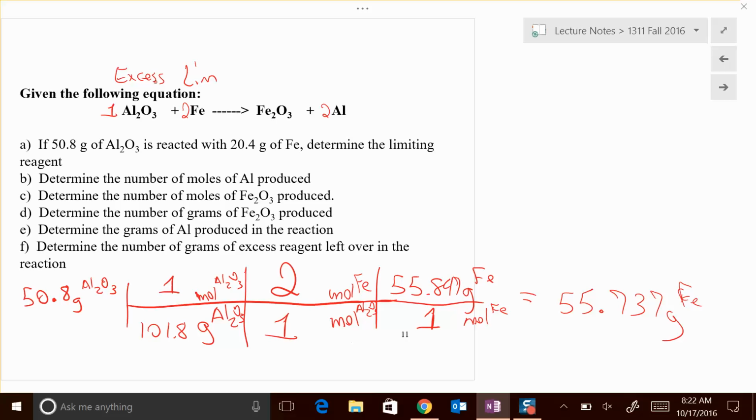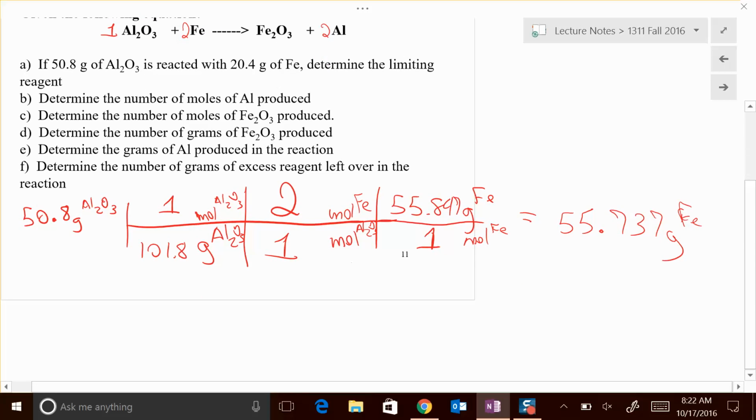Determine the number of moles of Al produced. What do I do? Good. So I'm going to use the amount of iron. So do I use the 55.737? No. I use the 20.4.